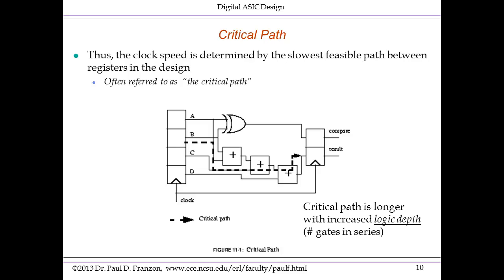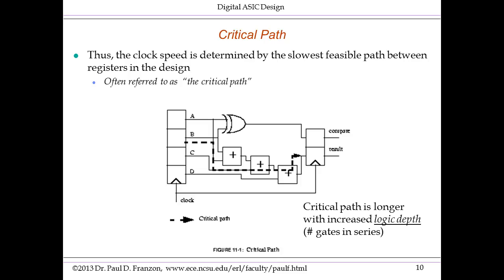And in fact, you can actually calculate the length of the critical path in terms of the number of logic gates that it goes through from input to output. So you multiply the number of logic gates between the input and output of the adder by the number of adders, and you'll get that logic depth in terms of the number of gates.